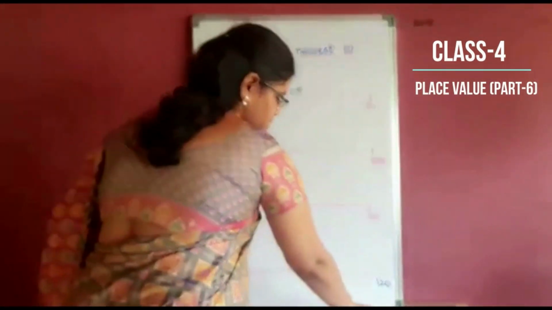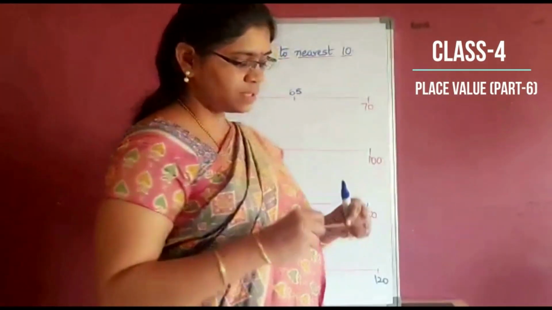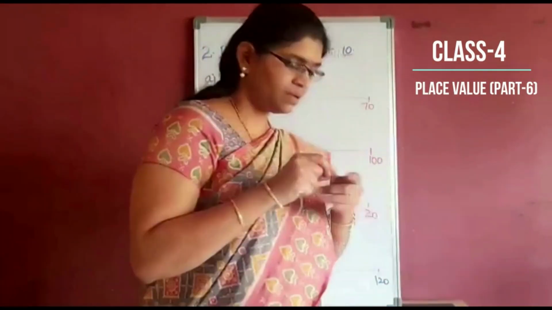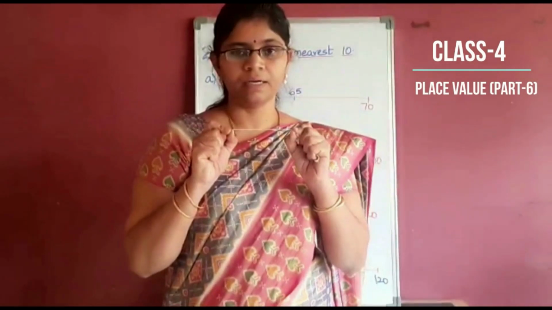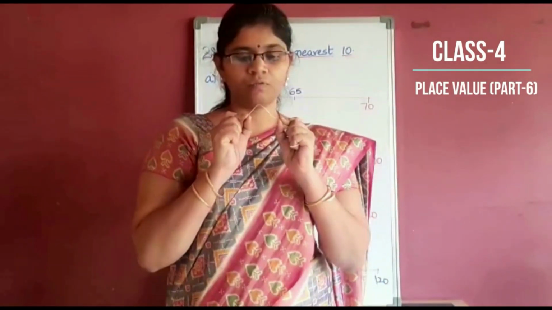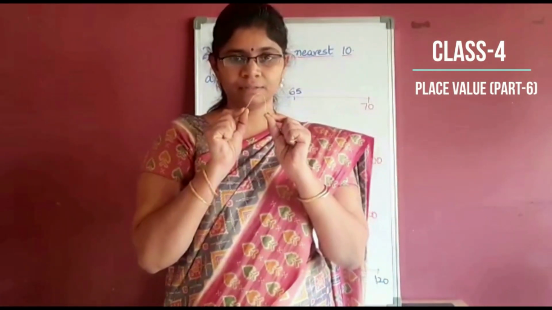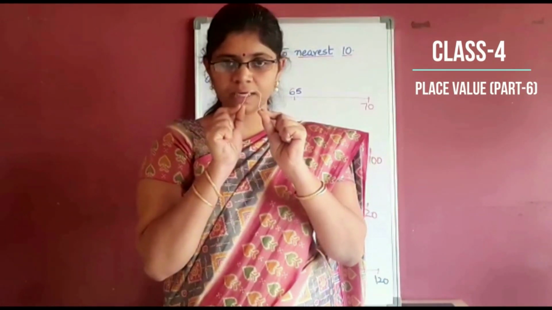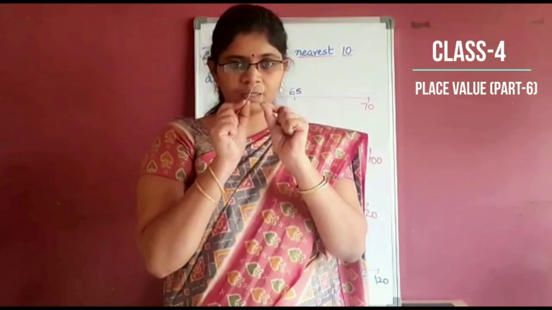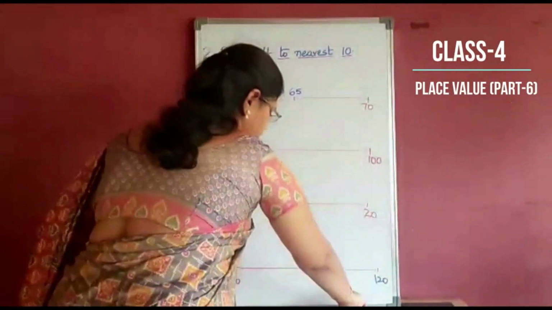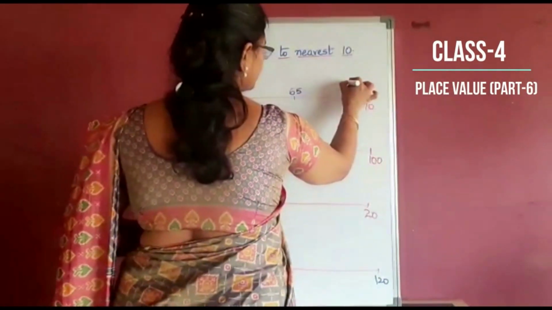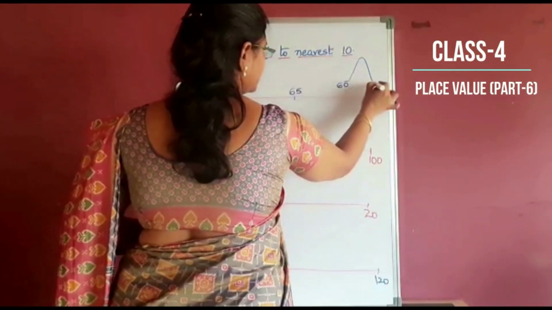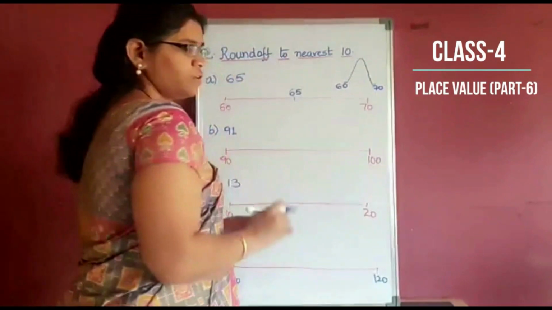Let me tell you this with an example. Suppose this is your number line. Now, see what happens to your number line if I bring it closer. This came into the shape of a hill, isn't it? Now, let me first draw a hill for this, where you have 60 this side and 70 this side to the base of the hill.